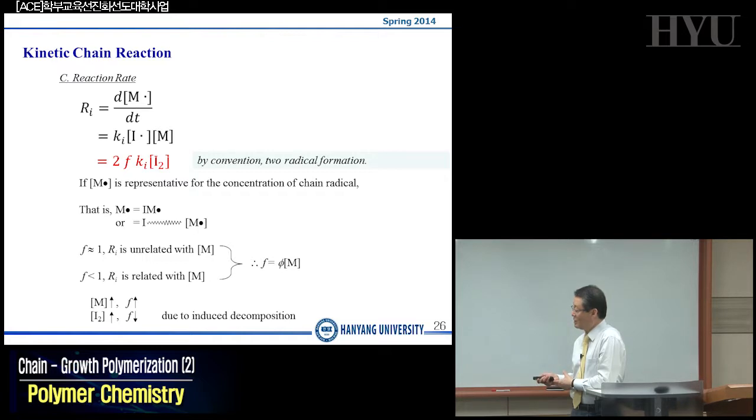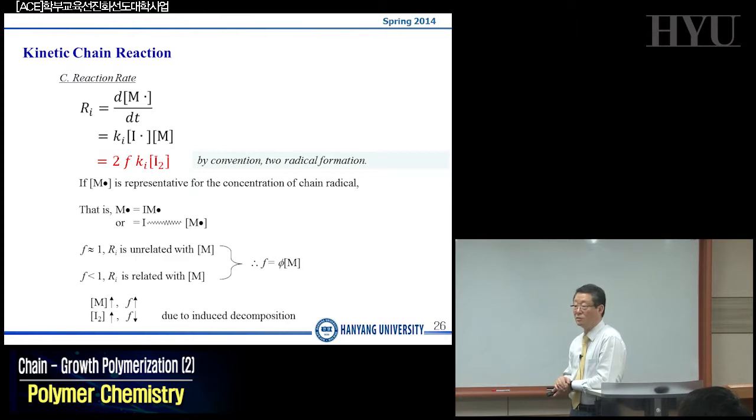Let's think about the last 2 statements. If you have a large amount of monomer, okay, do you think the initiator efficiency factor will increase or decrease? If I have a fixed initiator concentration, okay, let's say 10 molar, and you increase your monomer concentration from 10 molar to 100 molar, do you think initiator efficiency factor F will increase or decrease?